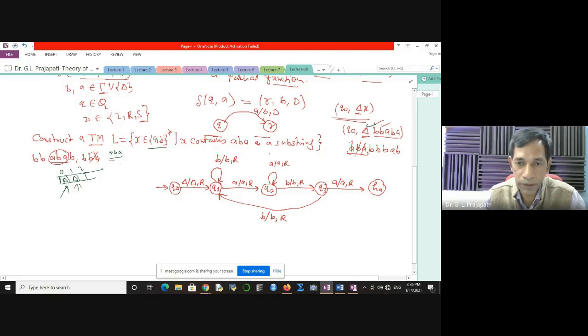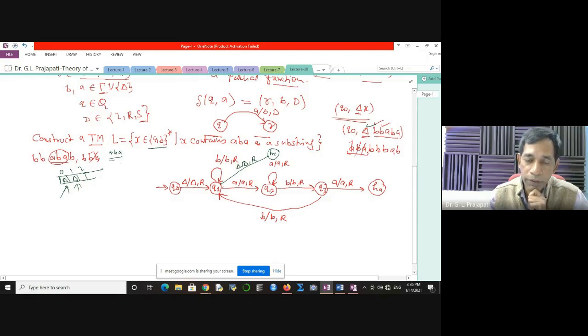So from this state, under this condition, you go to the state HR. For the blank, replace with blank, you may move the tape head right, or you may keep it stationary also, there is no issue.